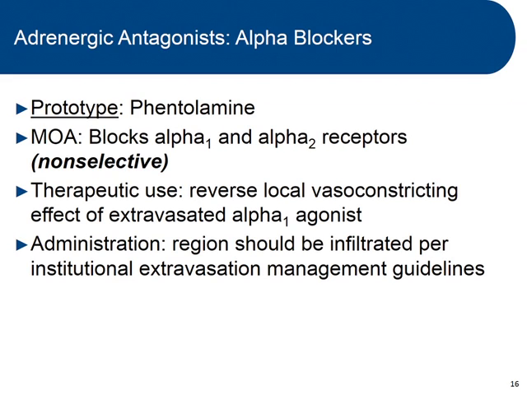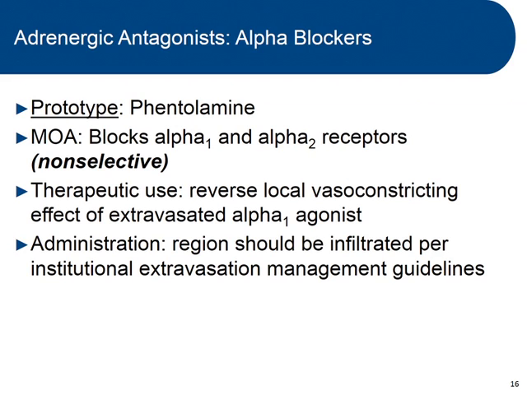Therapeutic use is primarily just reversal of local vasoconstricting effects of extravasated alpha 1 agonists. You may remember alpha-1 agonists: dopamine, dobutamine, norepinephrine, epinephrine, phenylephrine. Those are the main alpha-1 agonists that we use for blood pressure support. If these drugs, which are given by a continuous infusion, extravasate, they can cause local necrosis of tissue, which is a serious condition.